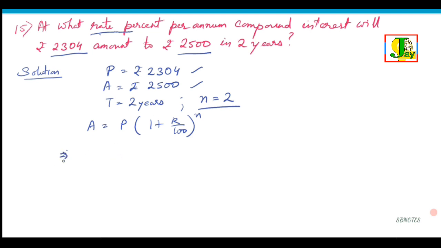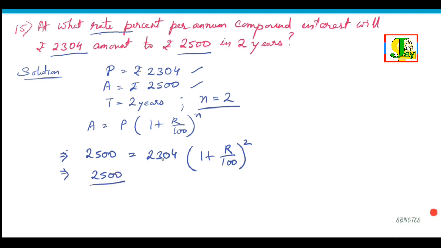In place of amount, 2500 equals P, given as 2304, into 1 plus r, which we have to find, whole power 2. So that means 2500 divided by 2304 equals 1 plus r by 100, whole power 2.